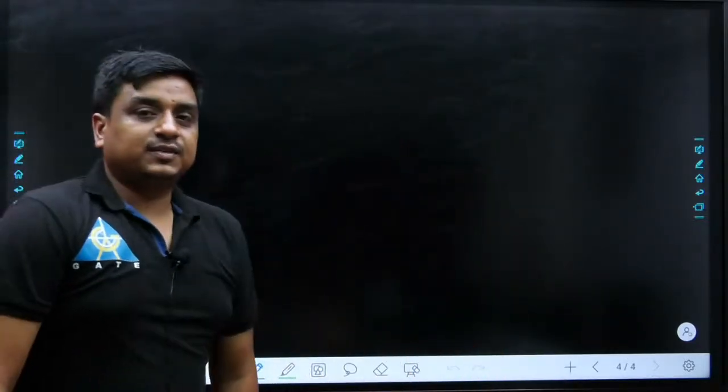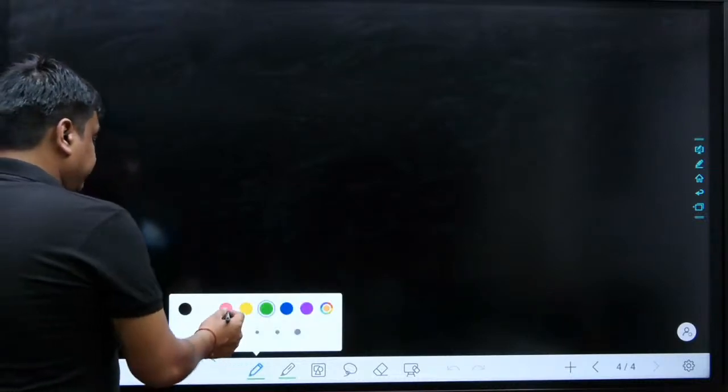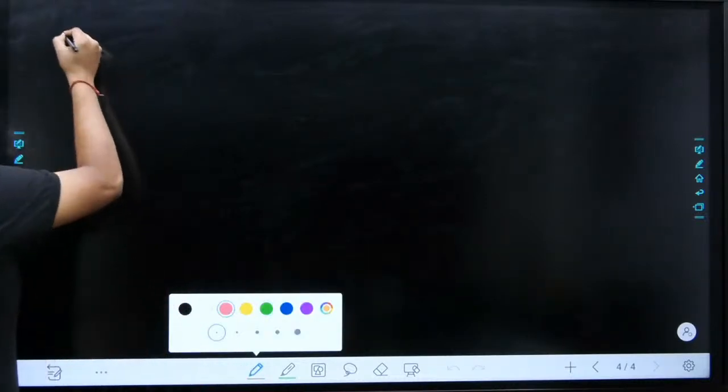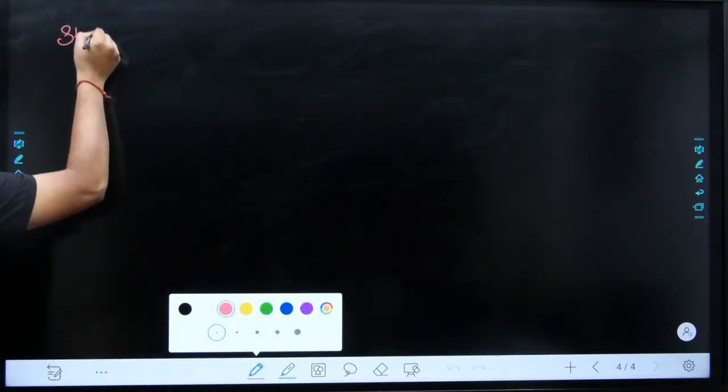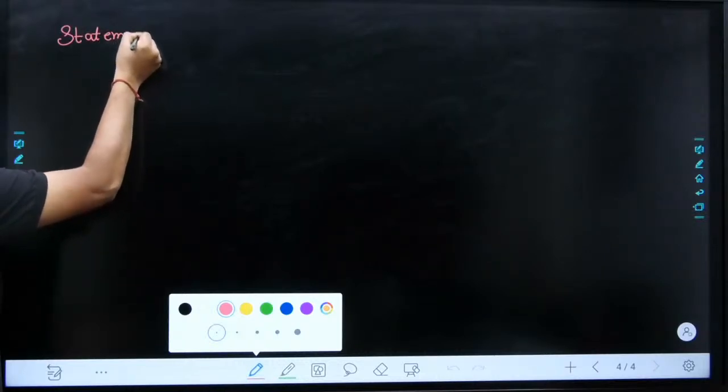Let me go into the next. Yes. So write down the statement of ROUTH-HURWITZ.